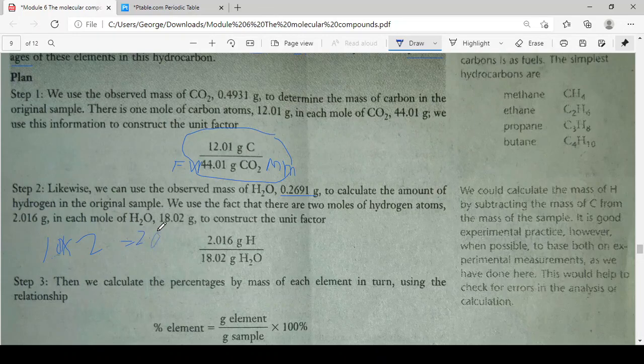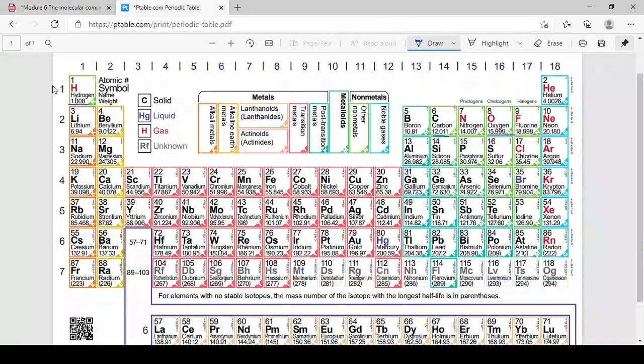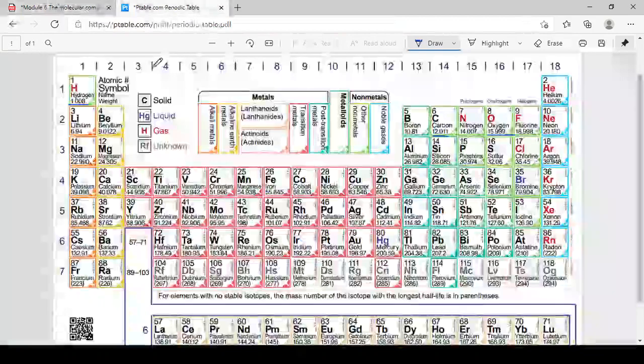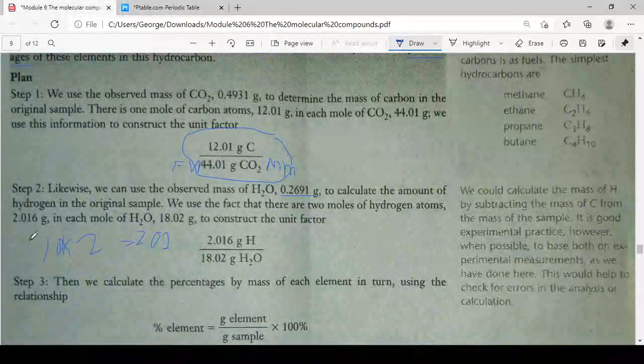That is the hydrogen. So hydrogen is equal to 1.008, which rounds off to 1.01. Am I right? This is your hydrogen.